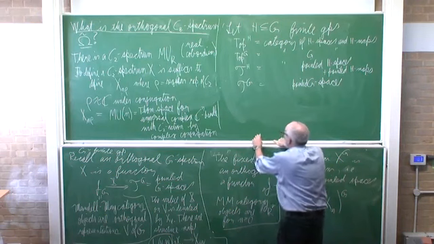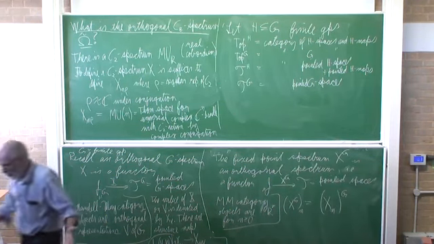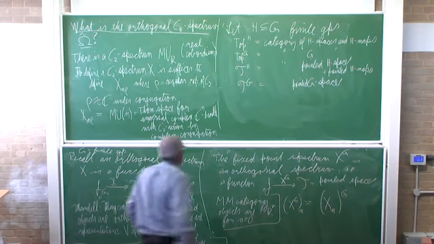Now, if you have a G space, pointed or not, it's automatically an H space because H is a subgroup of G. So if G is acting, the subgroup is acting. So there are forgetful functors.